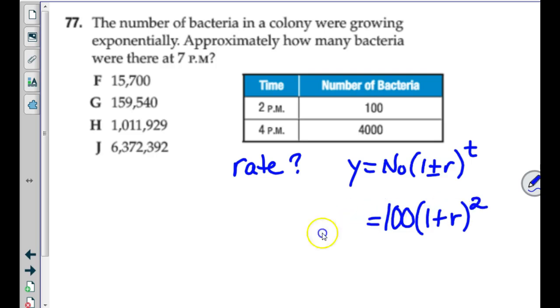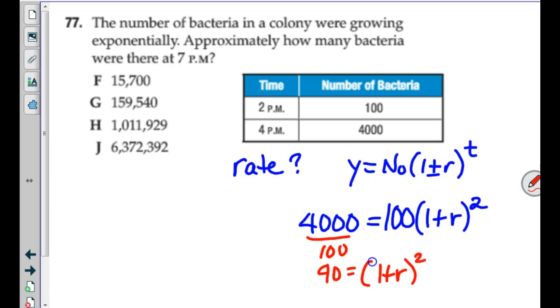And what did it become after 2 hours? 4,000. So this is easier than the one yesterday because it's not a power of 10. But what do we do first? Divide by 100 so that we have 40, right? 1 plus r squared. Then what? Yep, square root or 1/2 power.